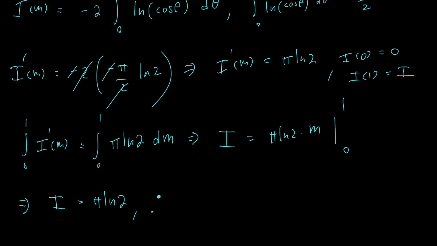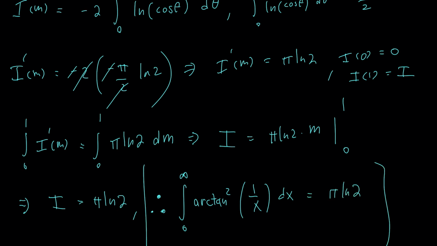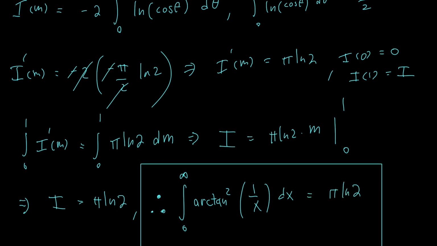So we can say, therefore, the integral from 0 to infinity of the arctangent squared of 1 over x dx evaluates to pi log 2. And so this is the final result.